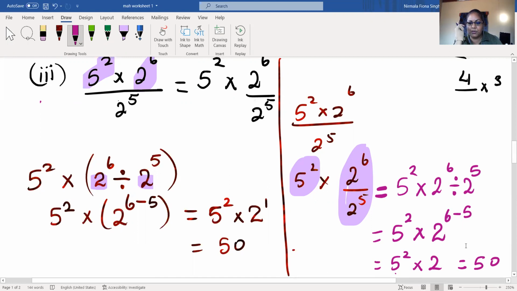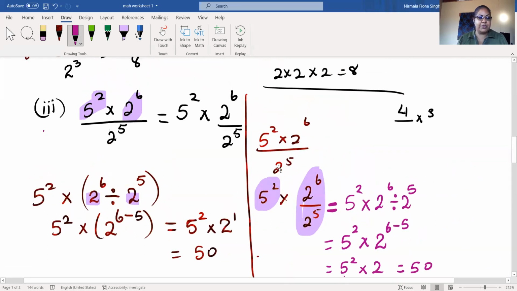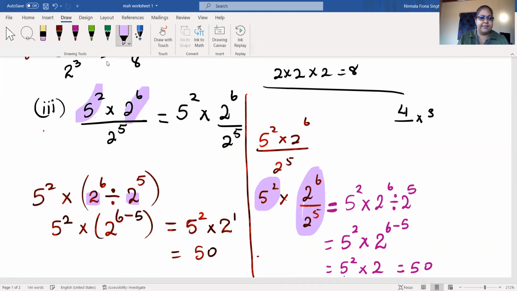Shortcut way, for those of you who can see it, there's an easier way this could have been worked out. I would have seen mentally, some of you always see it immediately, that I have a 5 squared here and two base 2 terms.